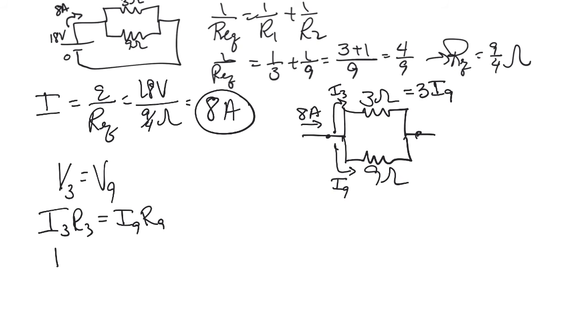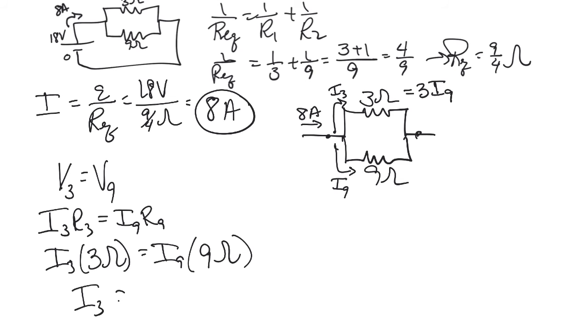Okay, so when you see this I3, if this is 3 ohms, this is I9, and that's 9 ohms. Now you can see why I just was able to say I3 was 3 times I9. Okay, but what else is true? I3 plus I9 has to equal the total current coming in, which is 8 amps.